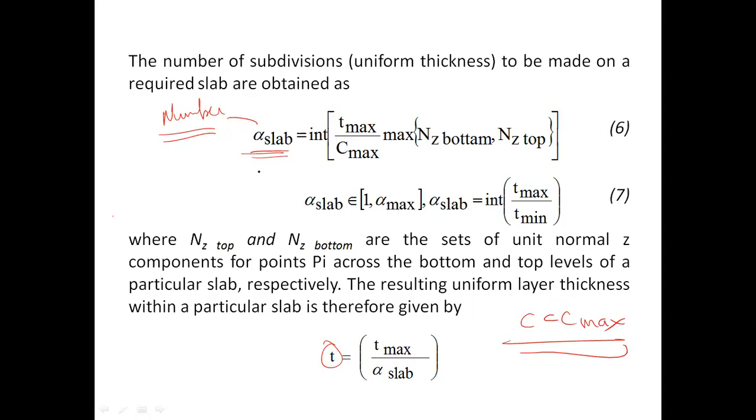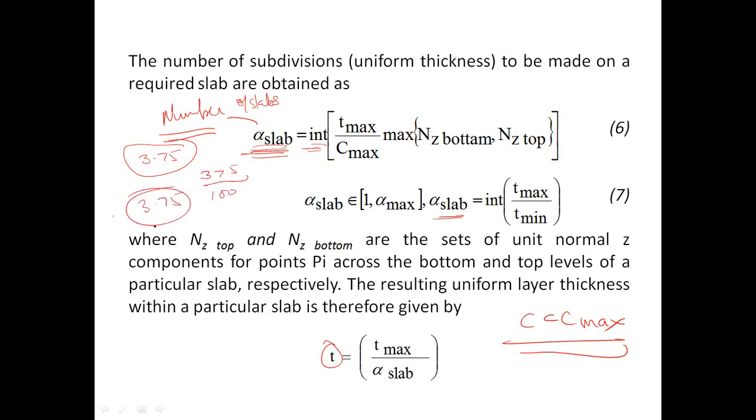So they took alpha slab as an integer number, because sometimes if you divide, it comes out to be 3.75. Getting 3.75 slabs is not going to be possible. This is the number of slabs that you are trying to get. By default, if you put this equation into consideration, your T max might come out to be 375 and T min 100, so this becomes 3.75.